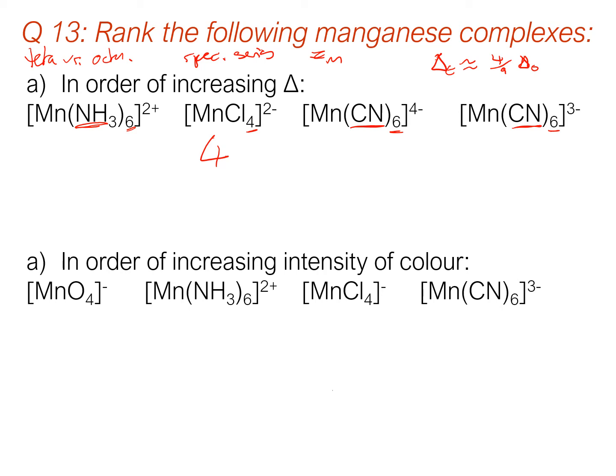In the spectrochemical series, which you can find on page 1284, I'll put it up in the corner there, we can see that ammonia is a weaker field ligand than the cyanoligand. So that means that ammonia doesn't split it so much, therefore this is going to have the next largest value of delta.